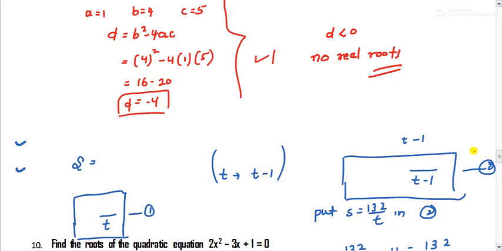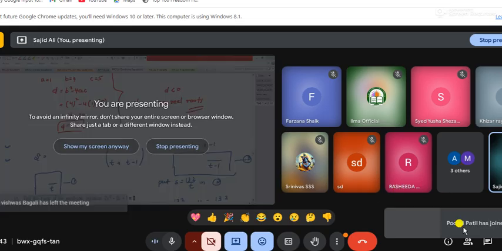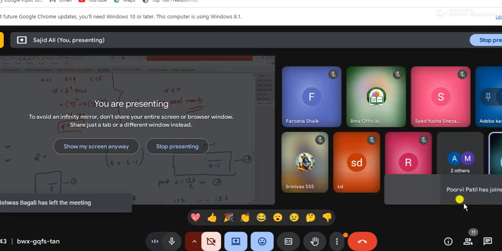Yes. What is your doubt? I'll just allow you to speak. Okay, what is your doubt? Those who have raised their hand.